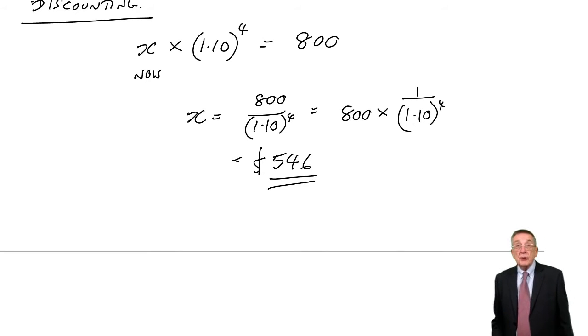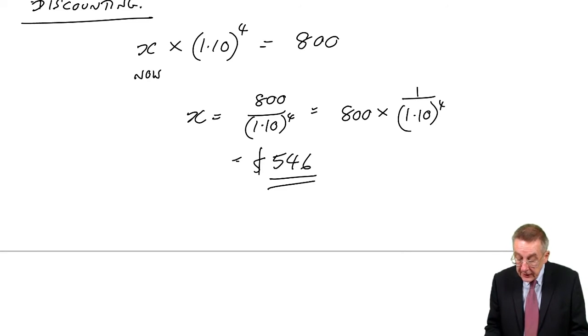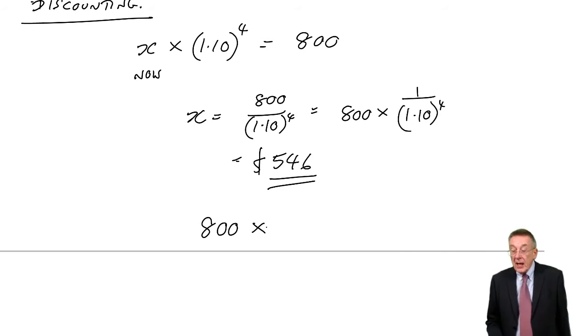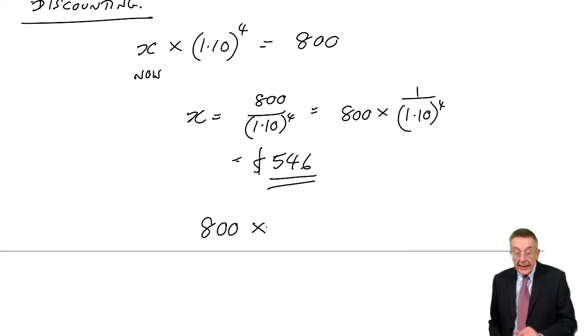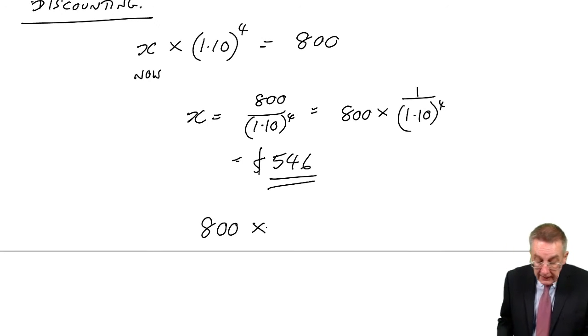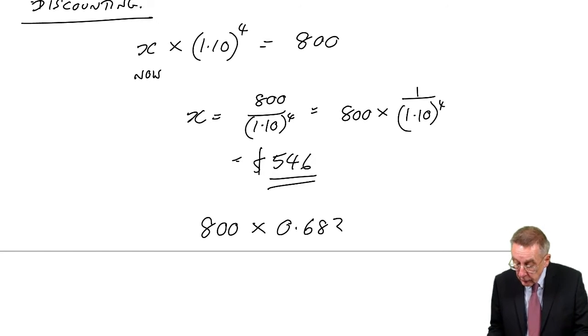So although what I've written on the screen is perfectly correct, the alternative to get the equivalent amount now would be to take the 800 and multiply by, well, it's 4 years at 10%. So we look at the 10% column on the tables, the 4-year row, and you'll see a figure there of 0.683.